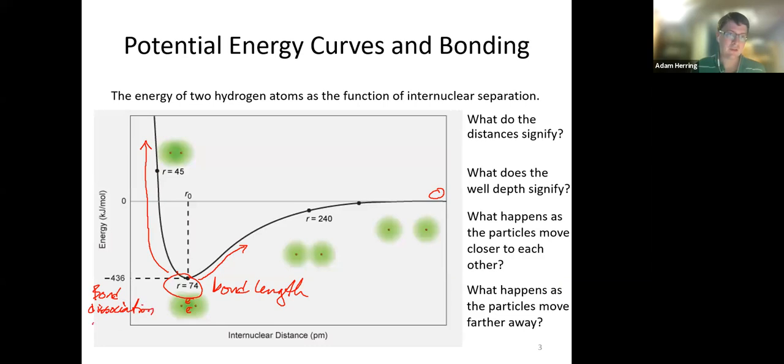This is the energy required in order to break the bond between the two hydrogen atoms. And as we saw already, as we move the particles closer to each other, to the left of the bond length, the energy goes up, going past 0 up to positive energy levels, which means then that this is repulsion, whereas anything below 0 is technically attraction.